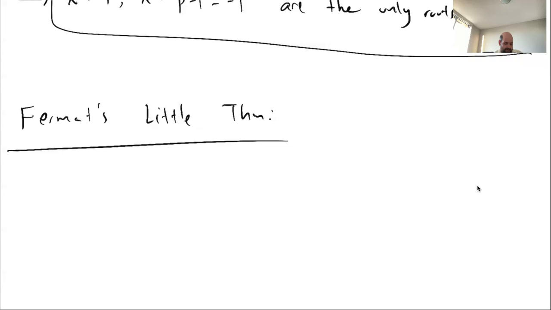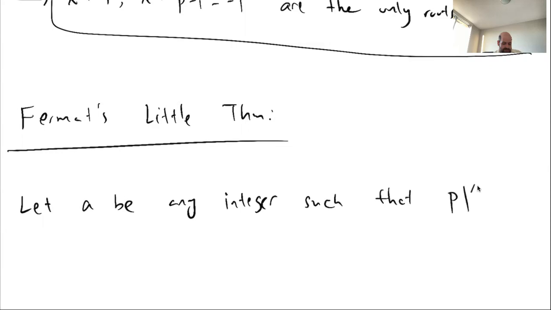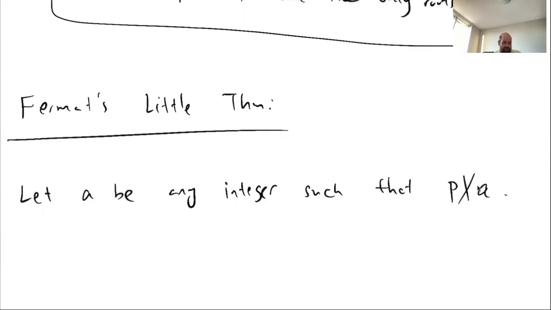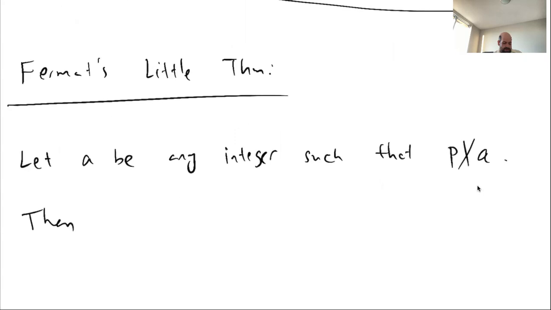So let A be any integer such that P does not divide A, then A to power P minus 1 is congruent 1 mod P. Okay.